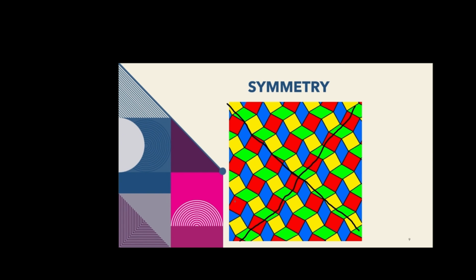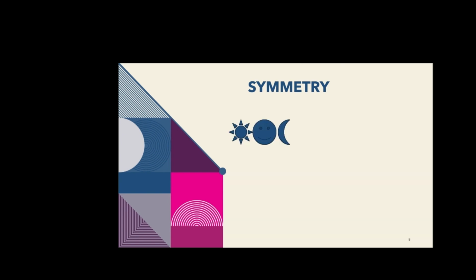And I'm going to show you how we can create this type of symmetry. The way this is done is by taking a figure and translating it over and over. So here's me creating translational symmetry.